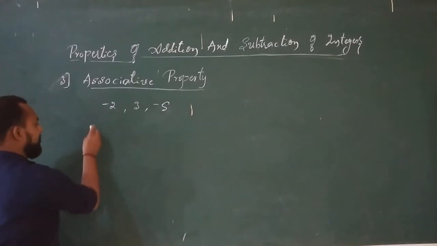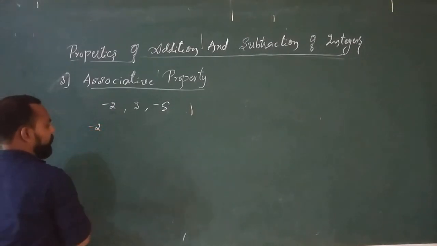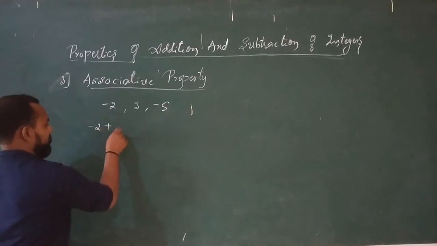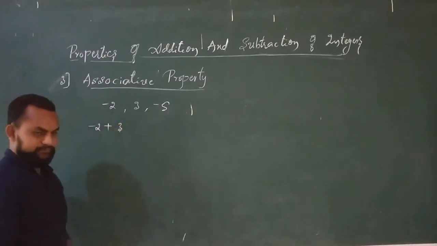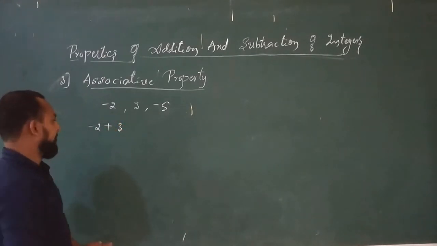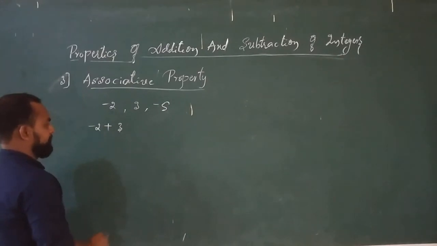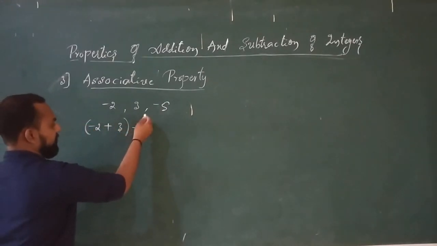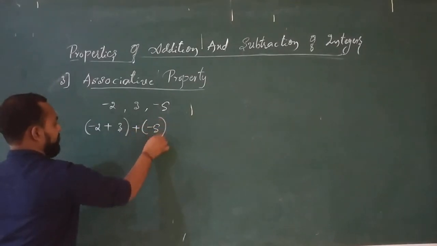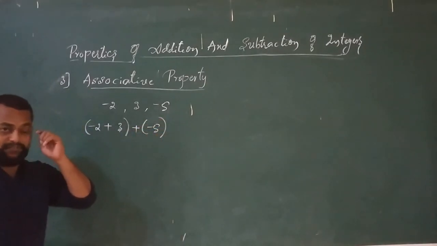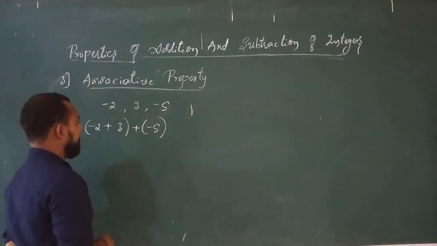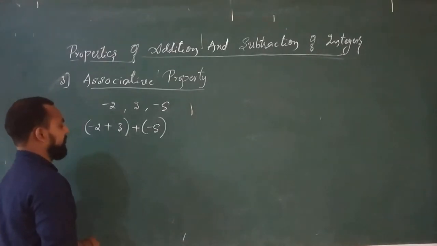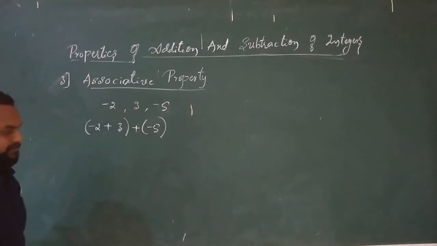In the first sum we add minus 2 plus 3, and in the second sum we add 3 and minus 5.